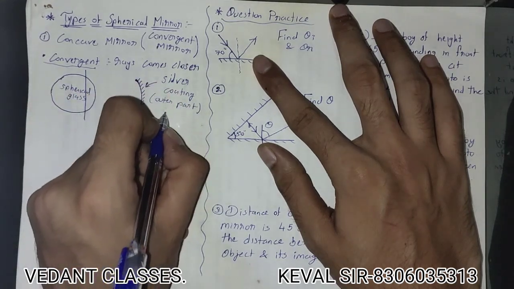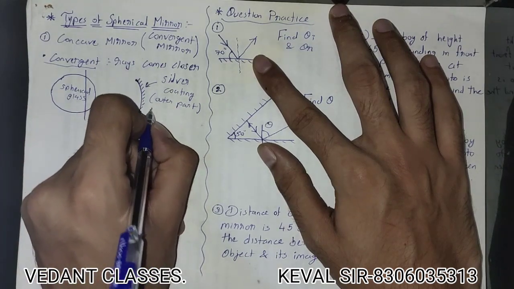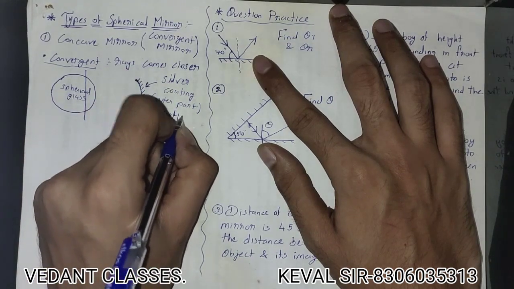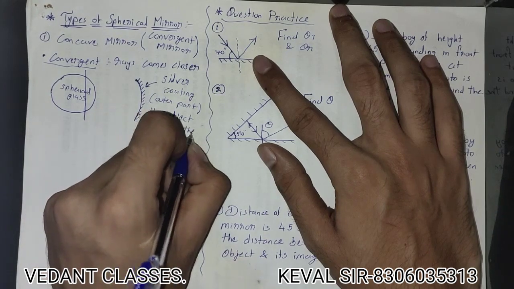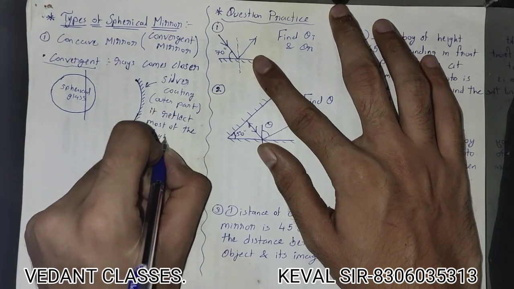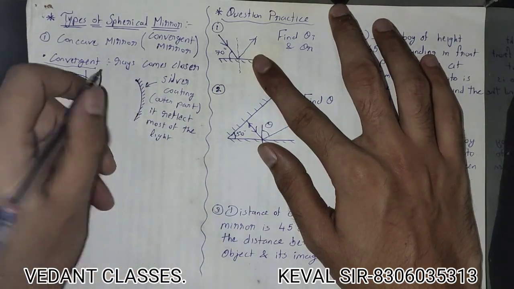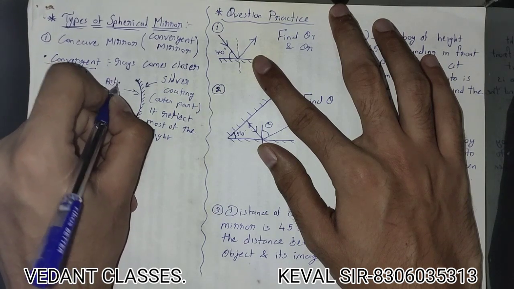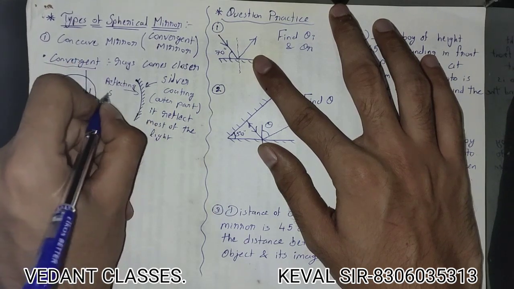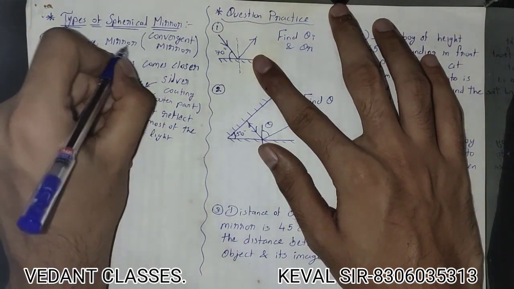Why silver coating? We deposit the silver because it reflects most of the light. So to get the reflection, we apply the silver coating on the outer part, and you can see the curved reflecting surface in this part. This will be your reflecting surface, and this type of mirror is called a concave mirror.